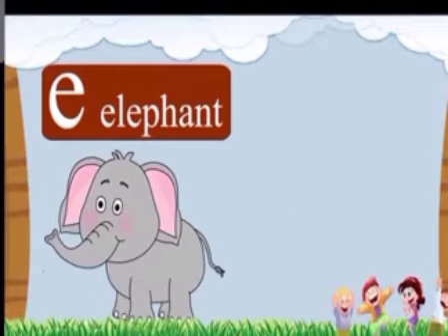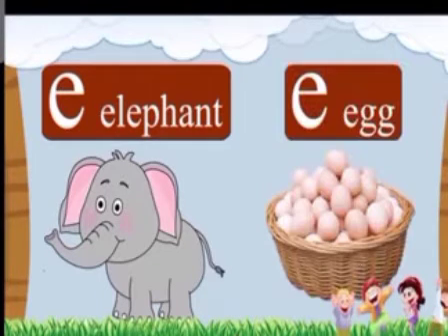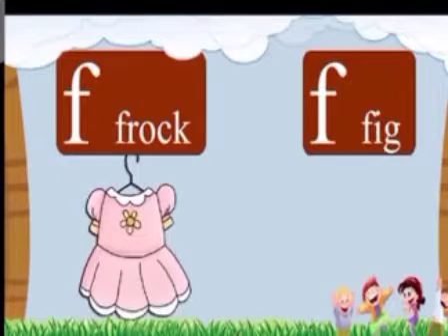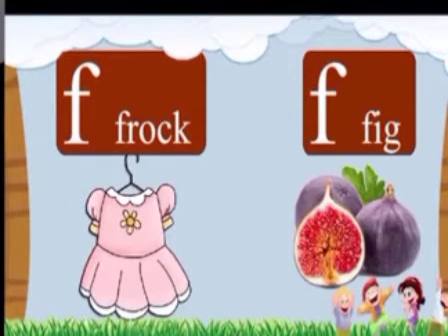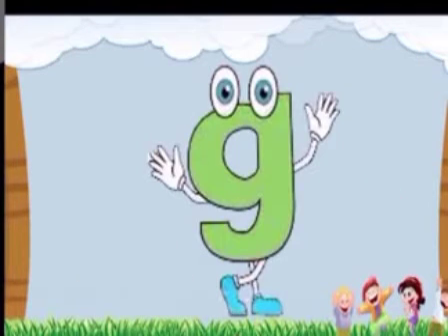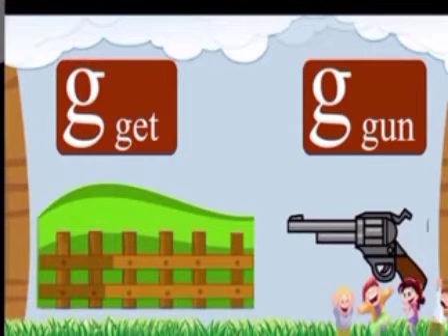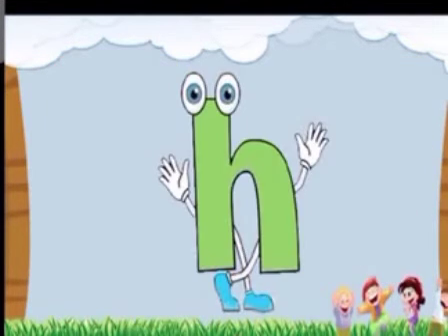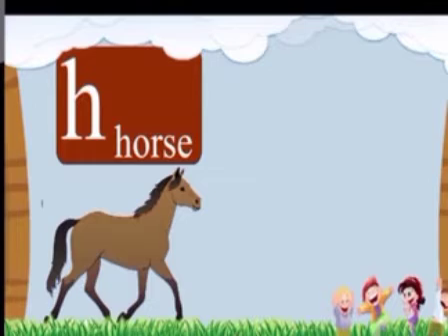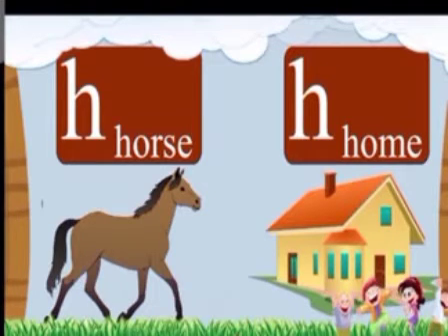E for elephant and egg. F for frog and fig. G for gate and gun. H for horse and home.